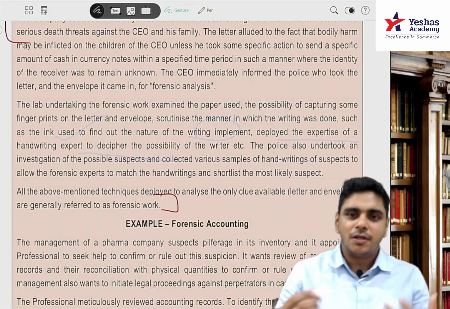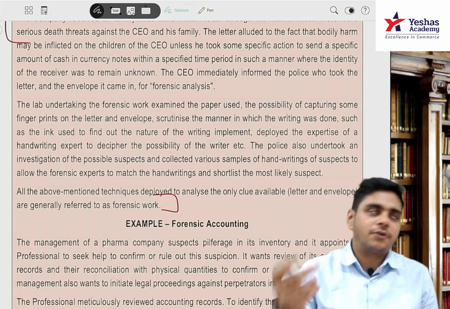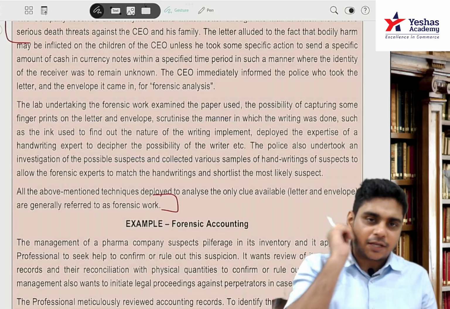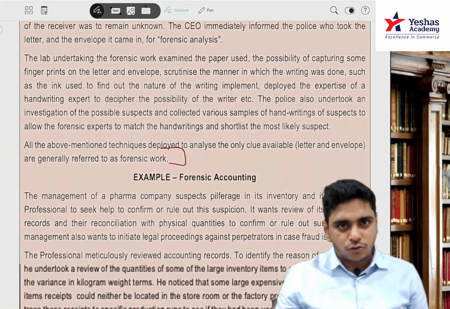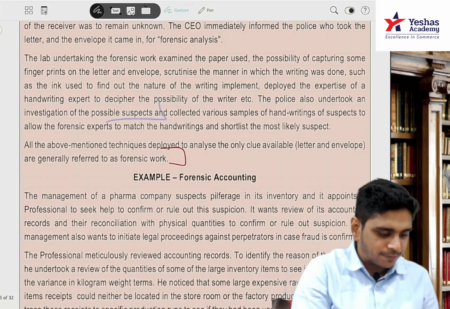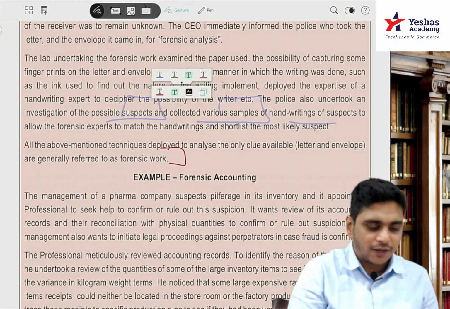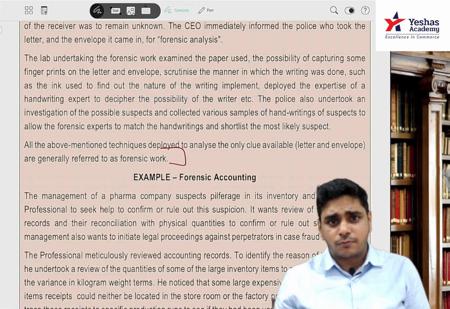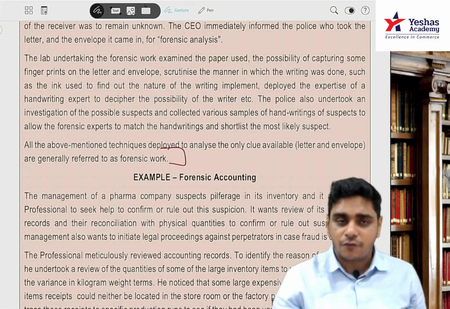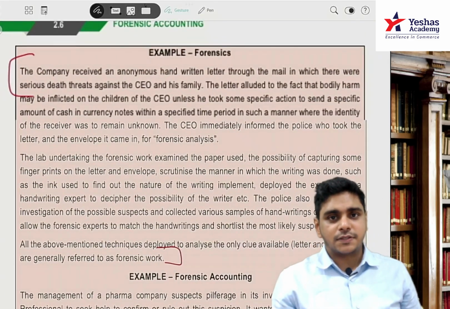There are a lot of handwriting experts, they can detect how the person looks, what is the nature of that person. The police also undertook an investigation of the possible suspects and collected various samples of handwriting of the suspects. This is part of investigating activities, and allows the forensic expert to match the handwriting. This is basically forensics.